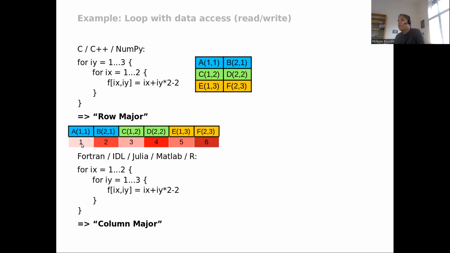That would mean we write into this array in the order as you see the color. So we first write the 1, then we write the 3, then we write the 5, and then we write 2, 4, and 6 into the array. And that would be exactly not what you want, right? So that is what we call unaligned access. So we write in the array in the wrong order.